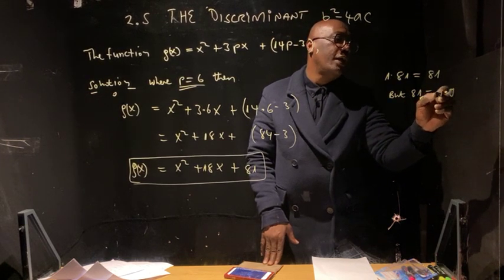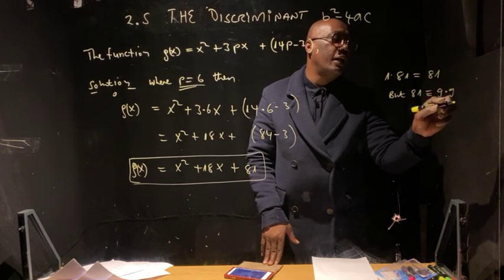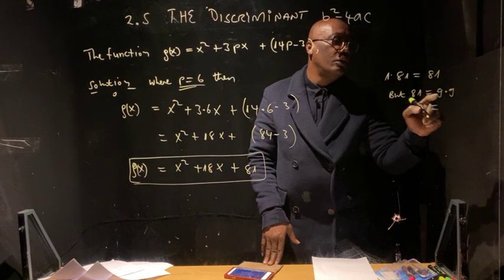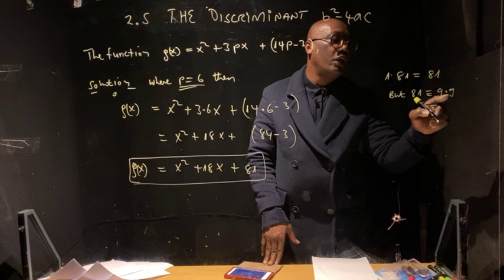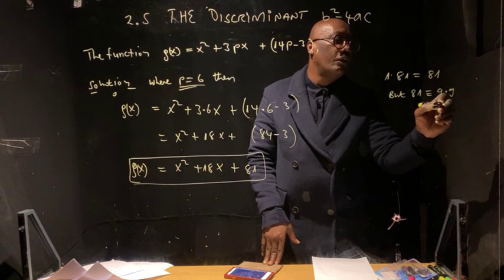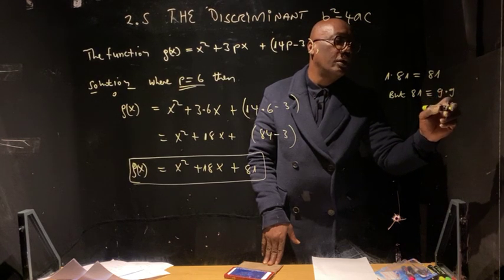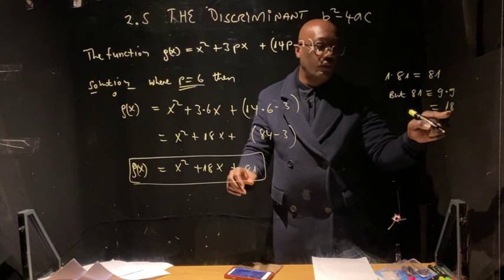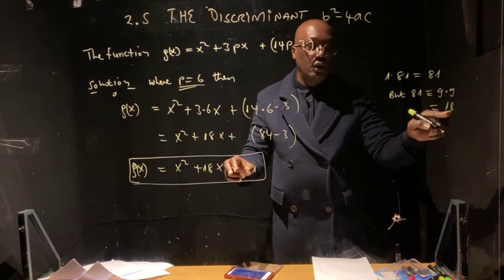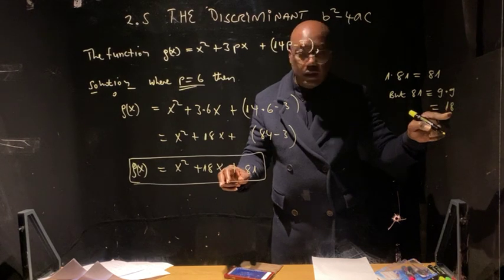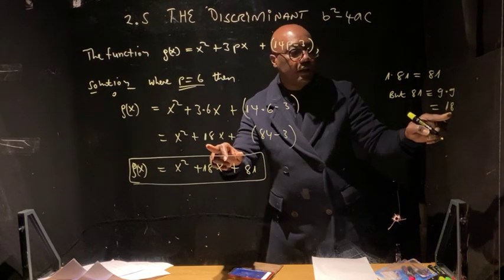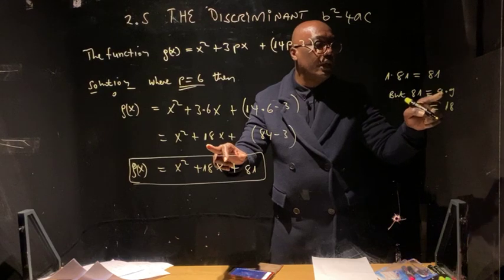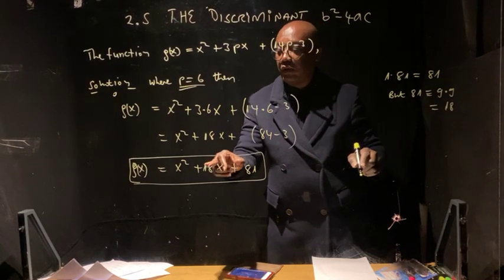If we add 9 plus 9, what do we have? We have 18. Then we check this to the coefficient of x, whether they are equal. Oh yes, plus 18 is there. Therefore, the 9 and 9 should be the factors of the quadratic equation.